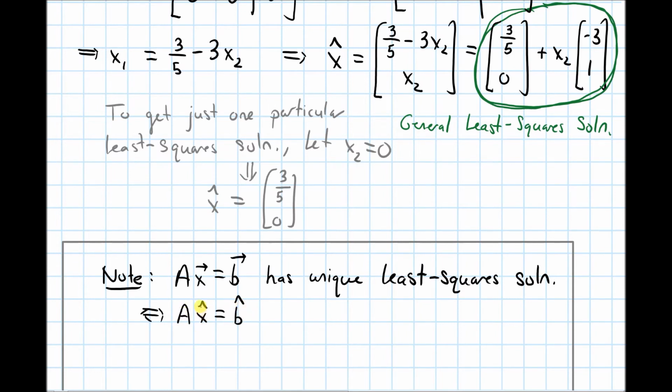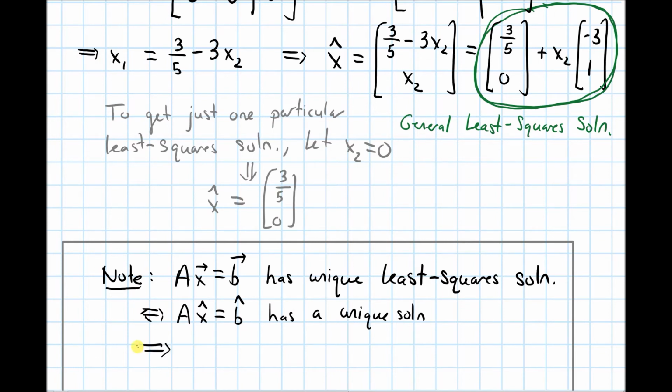A times x hat needs to be the projection vector b hat, the projection of b onto the column space. So the x hat that will be a least square solution to Ax equals b is the same x hat that makes A times x hat equal b hat. So this second equation needs to have a unique solution.